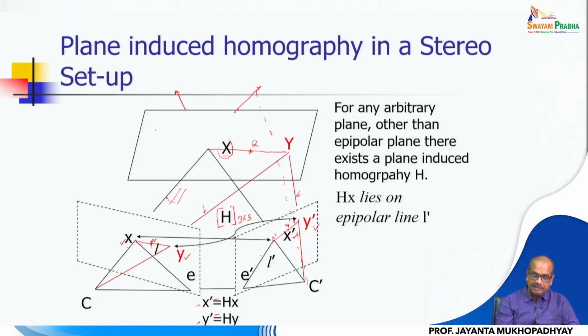So naturally, this point lies on the epipolar line. To search for correspondence, I need not search everywhere. For example, for this y, if I consider the respective epipolar line, we know that it will lie on this epipolar line.